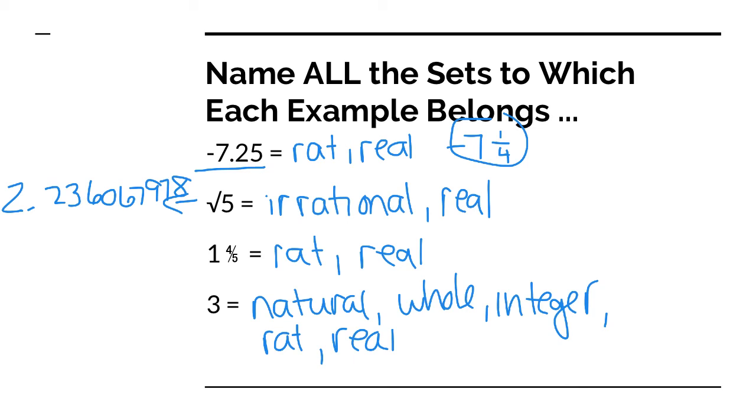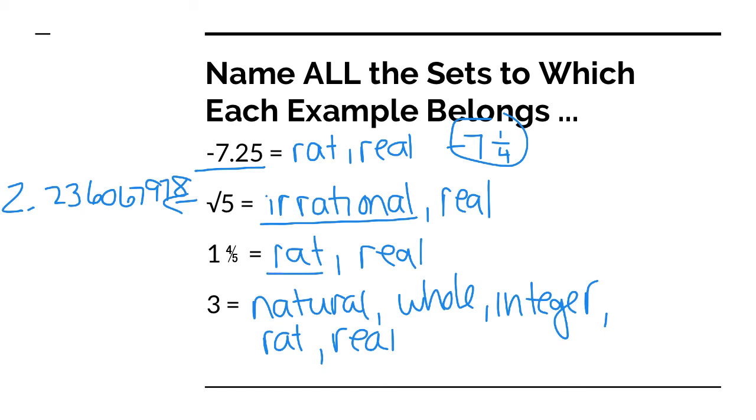And if it continues past what your calculator can hold, we are going to assume it is non-repeating and non-terminating, which would make it irrational. Everything is real. 1 4/5, not a natural counting number, not a whole number, not on the integer number line.